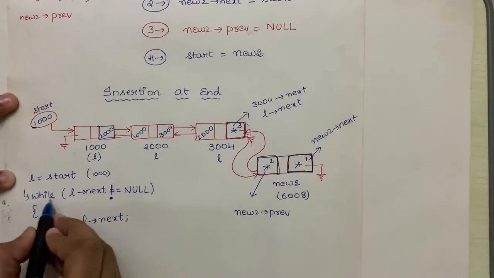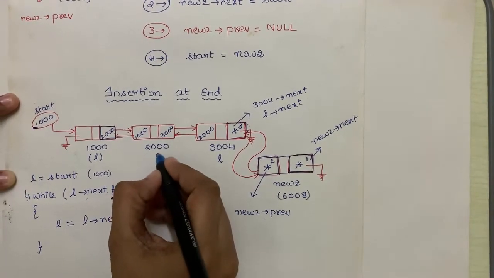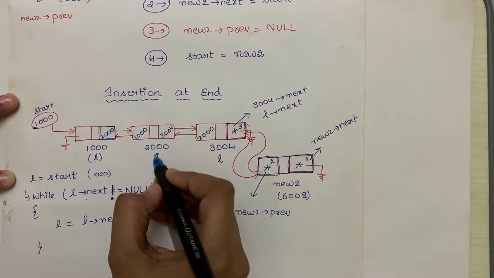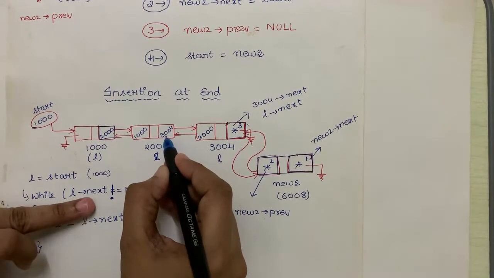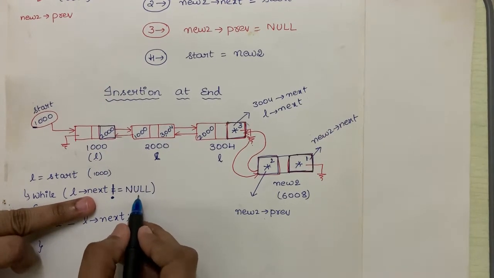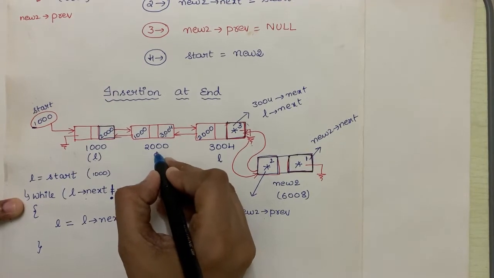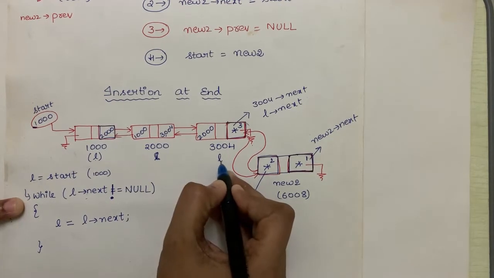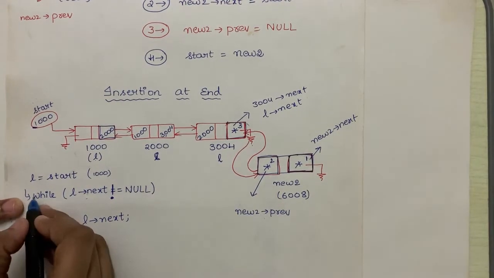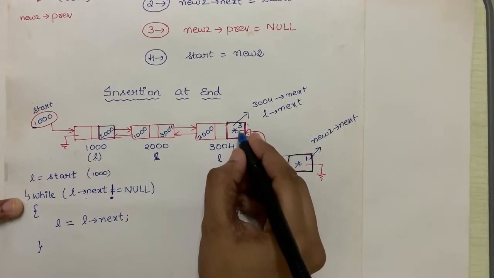Okay. As this is a while loop, the loop iterates. Now the new value for L is 2000. L next is 3004. 3004 not equal to null condition is true. So L is equal to L next. So L will go from the second node to the third node. And again the loop repeats. What is the value of L next here? Null.